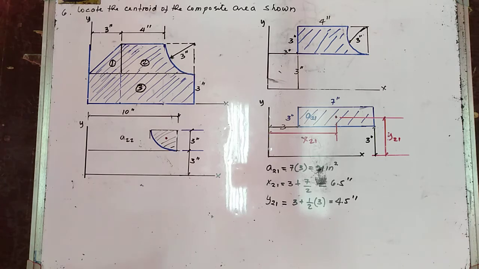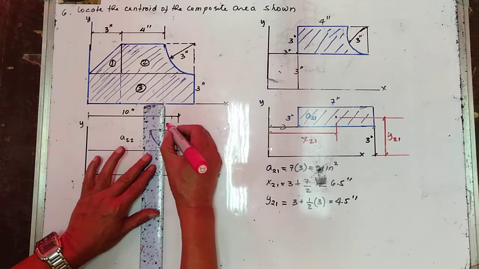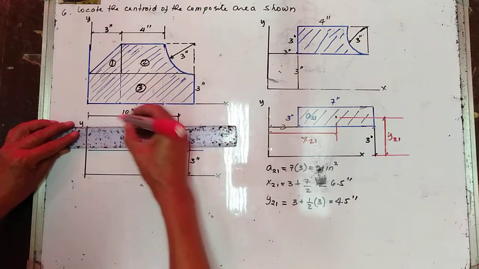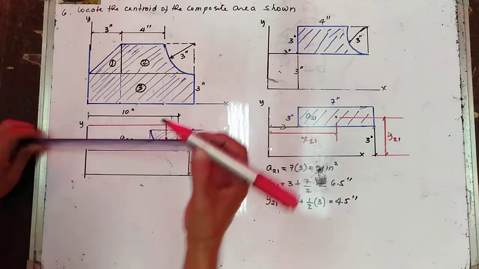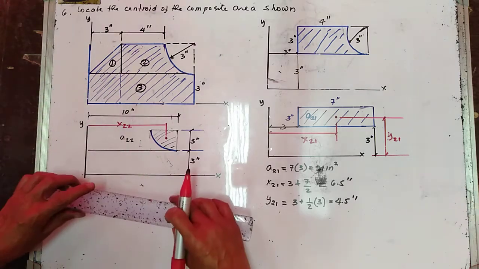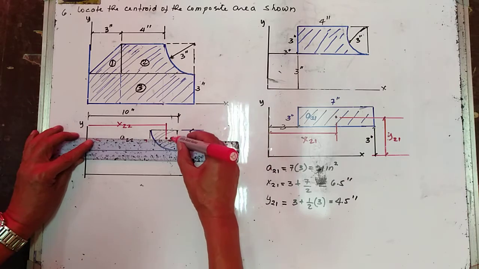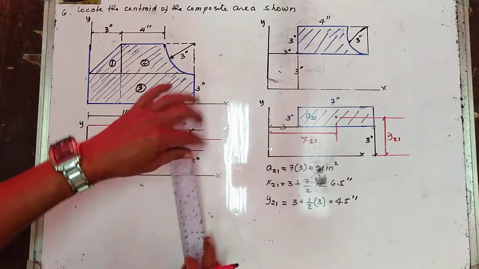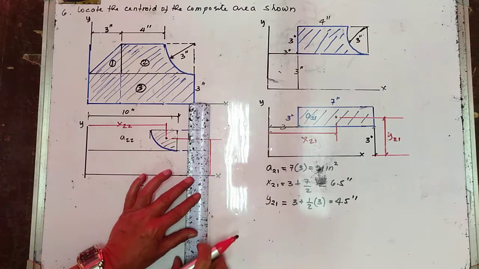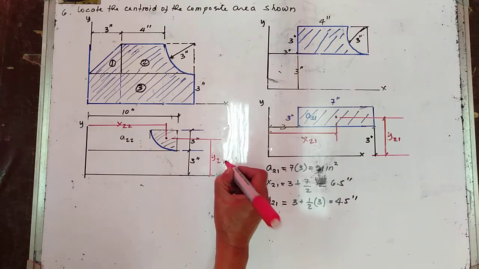Now, this is now your x sub 2,2 from the y-axis, and this is your y sub 2,2.